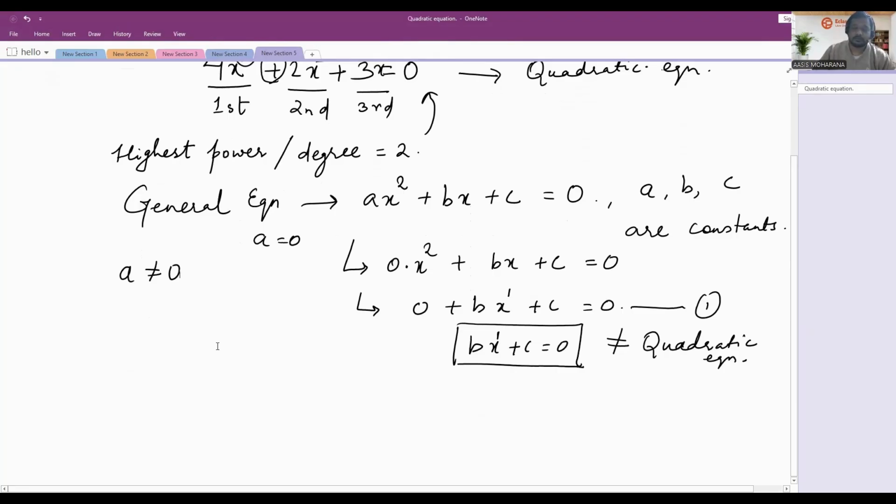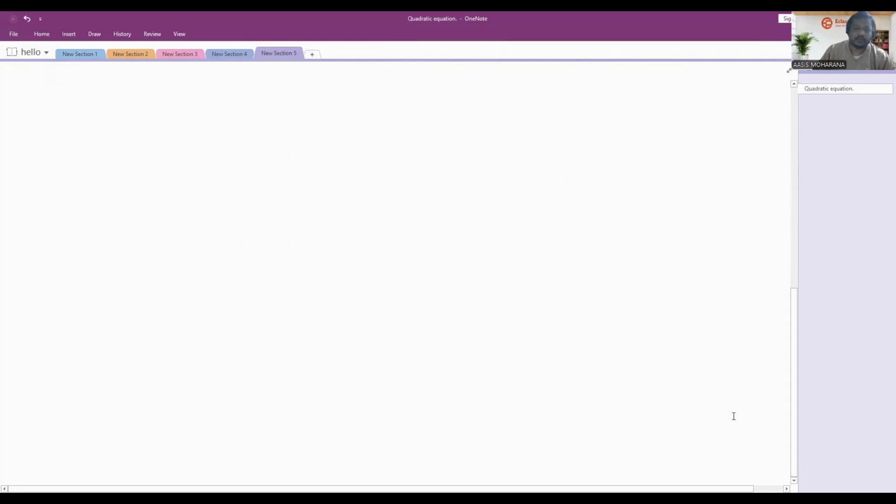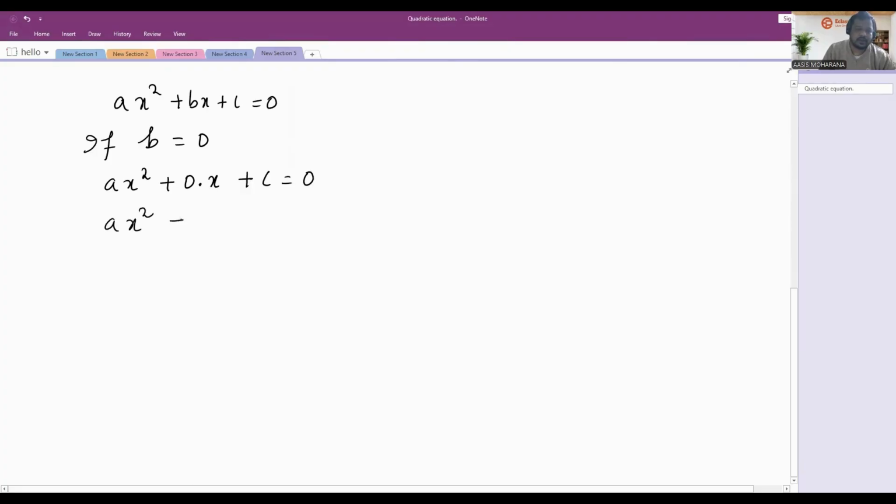So now let's see if b becomes 0. The general equation is ax square plus bx plus c is equal to 0. If b becomes 0, then ax square plus 0 into x plus c is equal to 0, which again is ax square plus c is equal to 0.